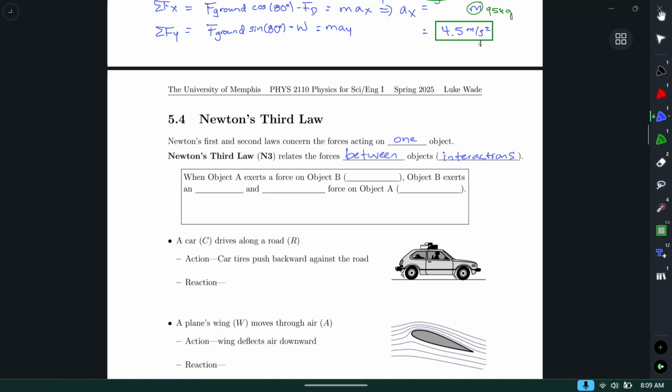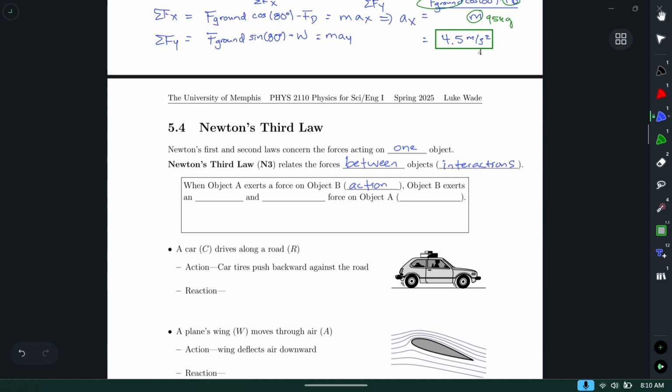And you've definitely heard this stated in a way that I don't actually like. It is the action: for every action there is an equal and opposite reaction. So when one object exerts a force on another, you call it the action. The other object exerts an equal and opposite force on the other, which we call the reaction.